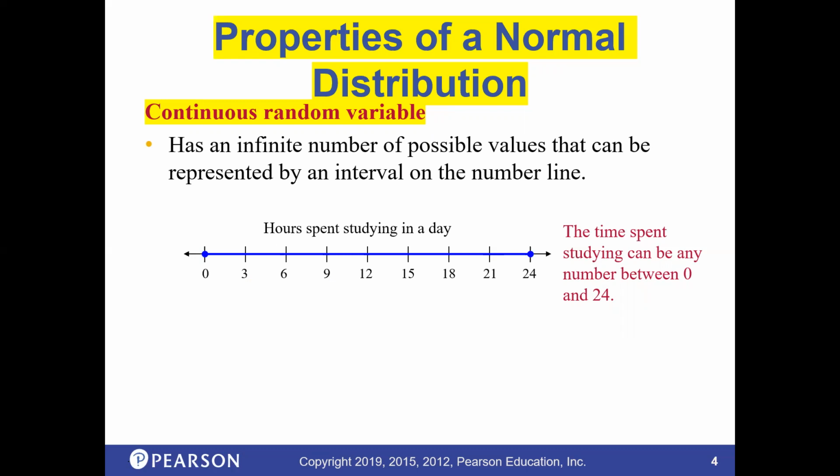Hours of the day is probably a good example. You can break up days into hours, hours into minutes, minutes back down into seconds, seconds down to a millisecond, a nanosecond. You can chop them up into an infinite amount of pieces. So that is a continuous random variable. That's what we want to think about.